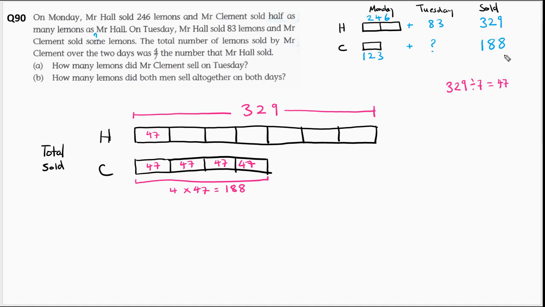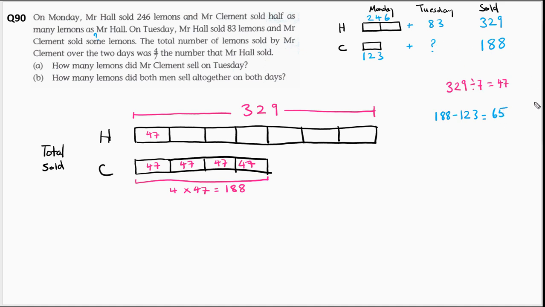Well, we know that the total number that he sold was 188. And that 188 is split into 2 parts, 123 plus this unknown part. So if we take 123 from 188, we are going to be left with this missing value, which is 65.